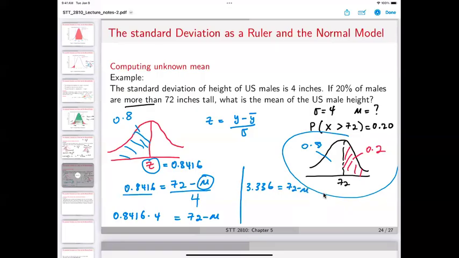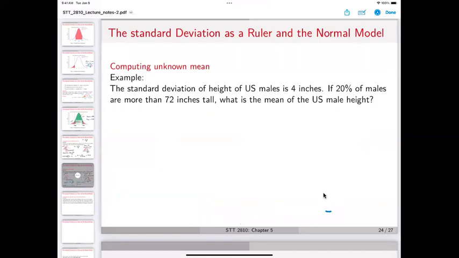What do we need to do to get mu? So to get mu, we could do mu is equal to 72 minus 3.336.